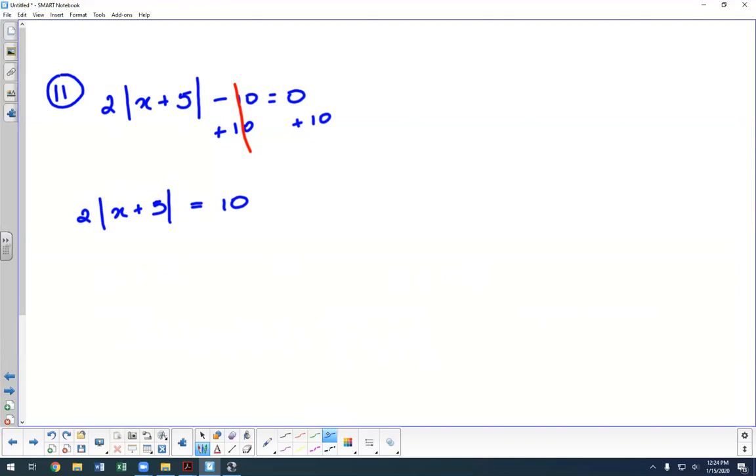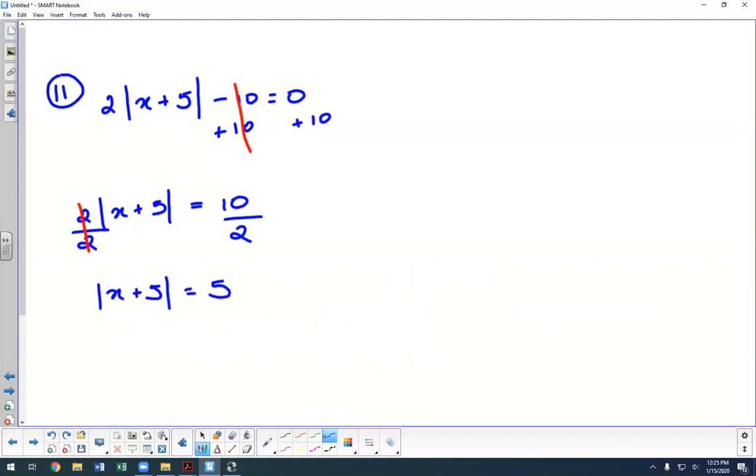Because there's no plus or minus sign in the middle, so it's 2x, which means it's multiplication. So yeah, you need to divide to get rid of it. So we divide both sides by 2. And absolute value of x plus 5 equals 5.